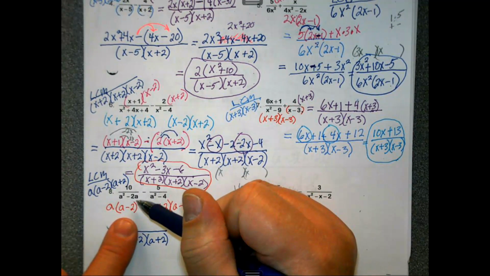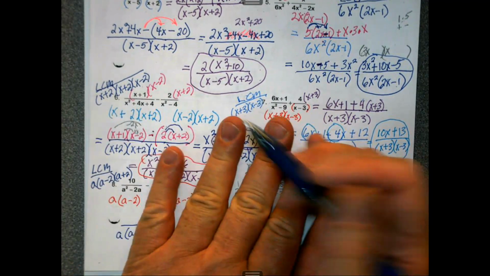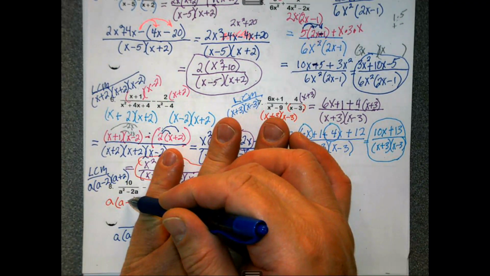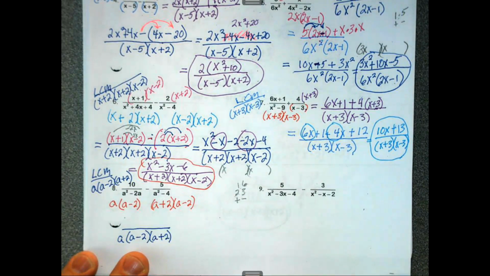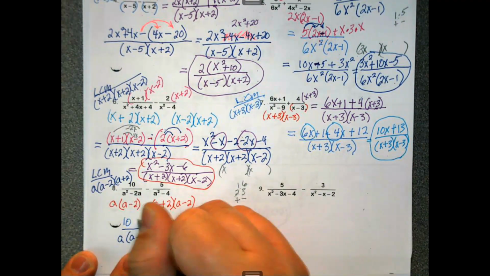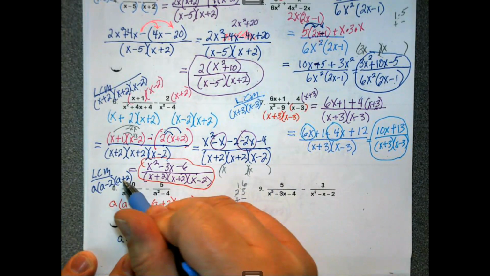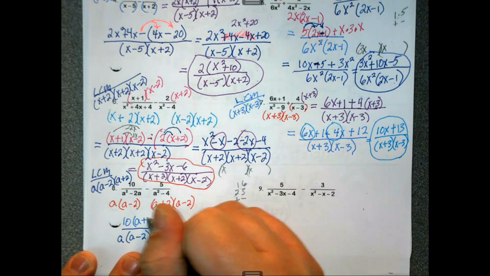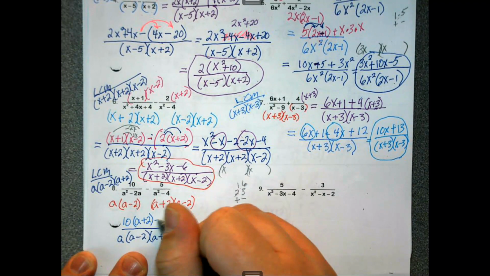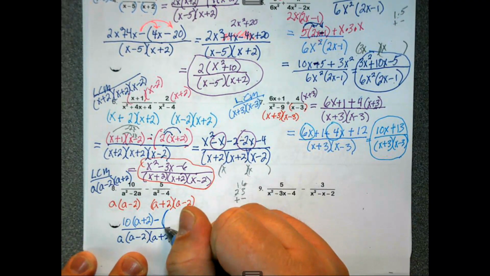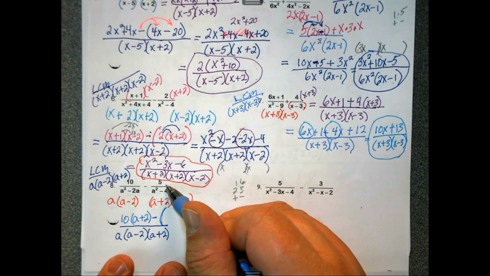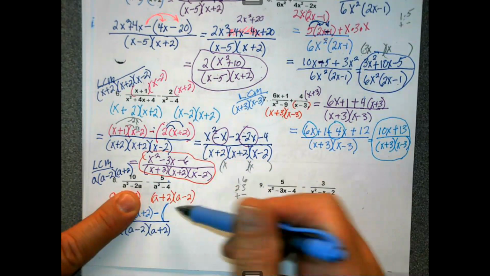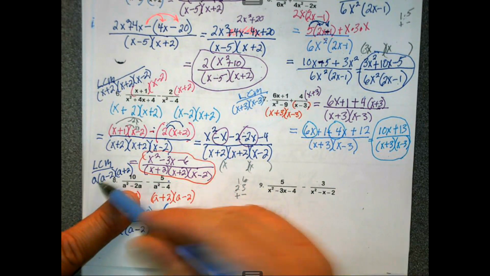Okay, so in my first fraction I'm missing an a plus 2, right? So I'm going to have to take that 10 and multiply it by an a plus 2, minus... oh, here we go. Now this one, I'm only missing the a.